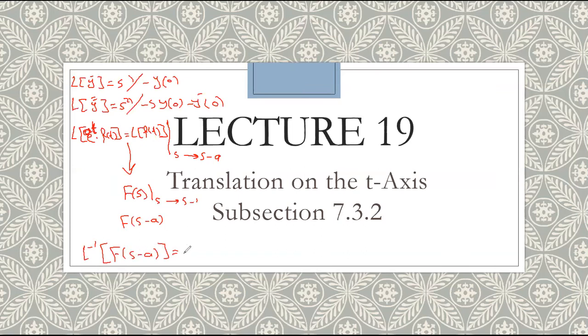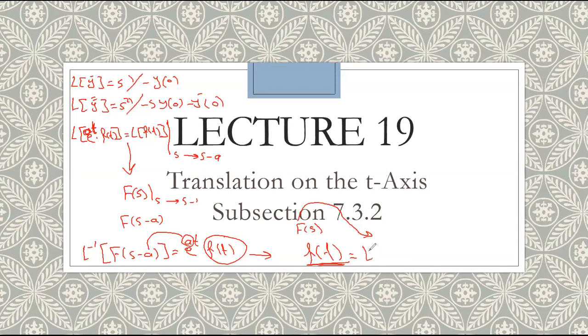So I need to use the first shifting theorem. It is e to the at times f of t. The a is written here, and this one is f of t. Can any one of you tell me what is the relation between f small and F capital? So if you have F capital, how to find f small?